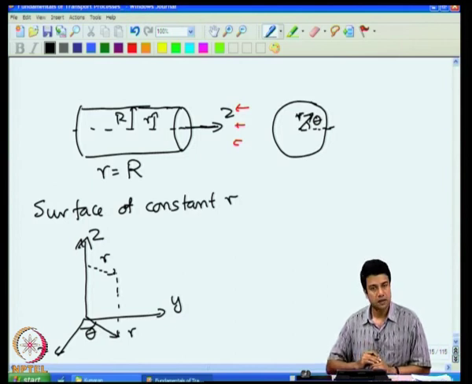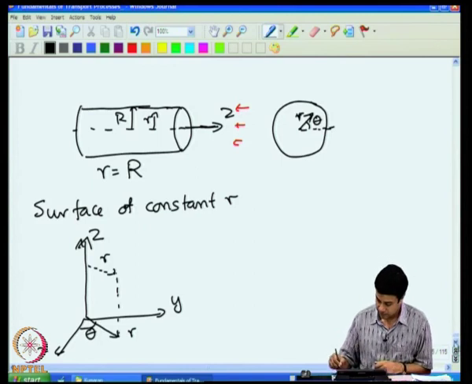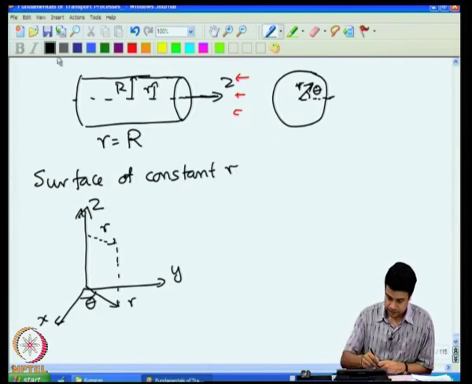So, in that case, I choose my coordinates to be at constant values of r and constant values of z. My differential volume is bounded by surfaces at constant values of r and constant values of z. So, how do we write that down?